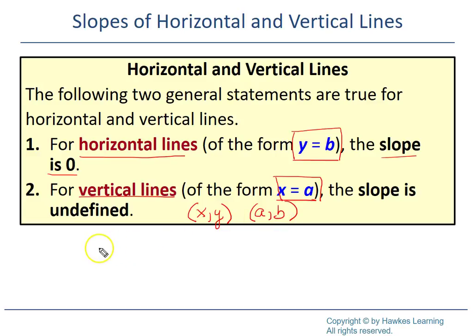So if they said, make a graph of the equation with 0 slope, and going through this ordered pair, 3 comma negative 2, the equation would be, again, horizontal line, 0 slope. We're going to use the y, and the b value is negative 2.